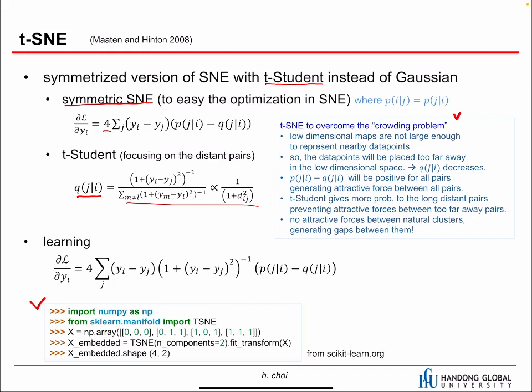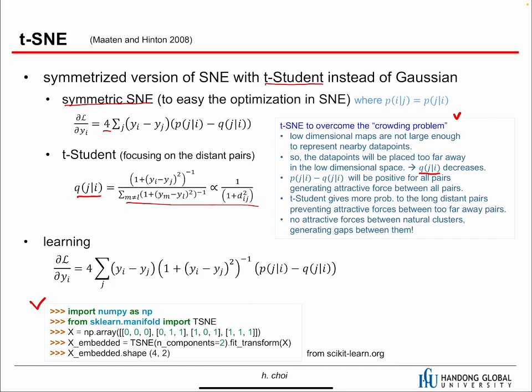Since the volume is relatively small and there are lots of overlaps in the low-dimensional space, the samples push each other. Samples push other points away. So the data points will be placed too far away in the low-dimensional space, and then the probability Q of j given i decreases. When the two samples are far away, the probability is low.